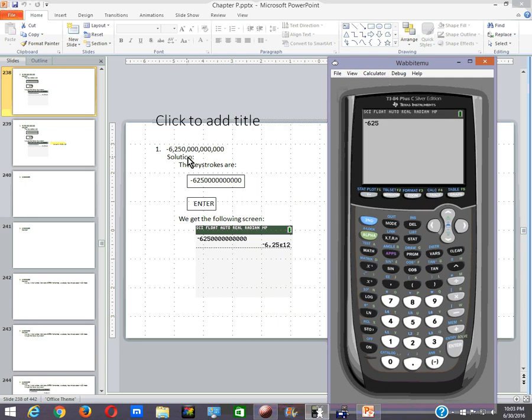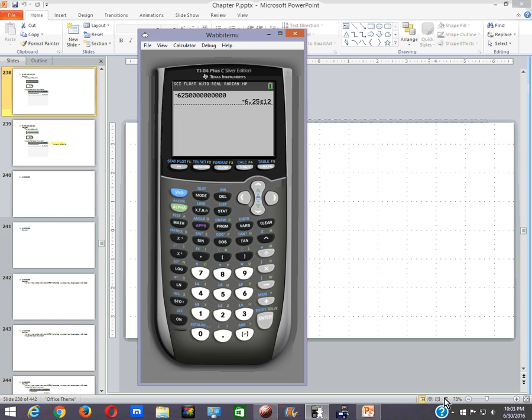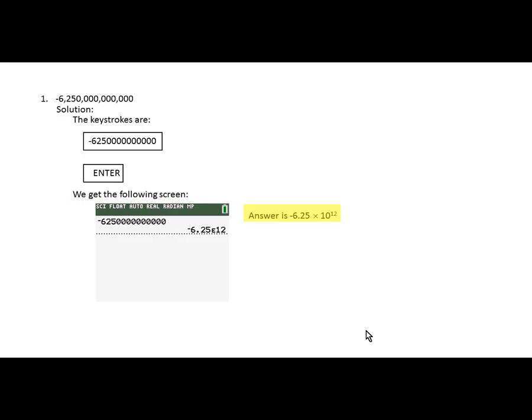Let's count over here: 3, 6, 9, 10. 1, 2, 3, 4, 5, 6, 7, 8, 9, 10. Press enter. There it is. A lot easier than trying to do it by hand. The calculator can do a whole lot of things if you know all the stuff. It should be a course all by itself. So our answer is negative 6.25 times 10 to the 12th. Remember, that's how we'd write it.